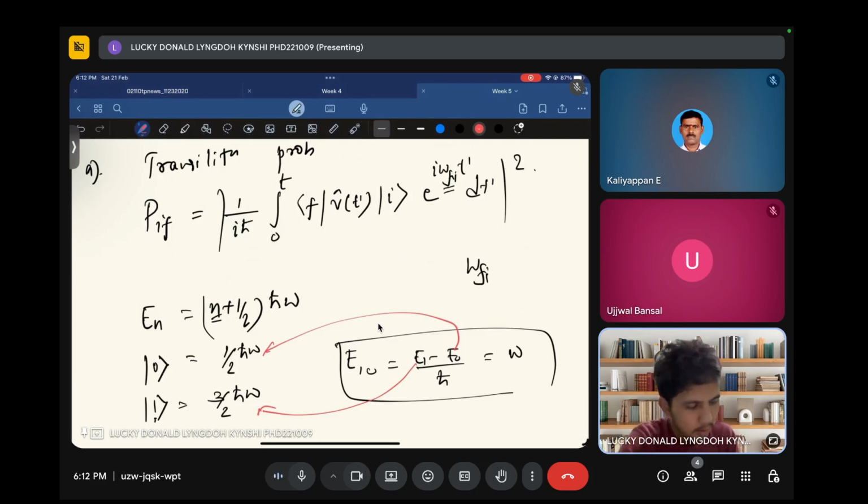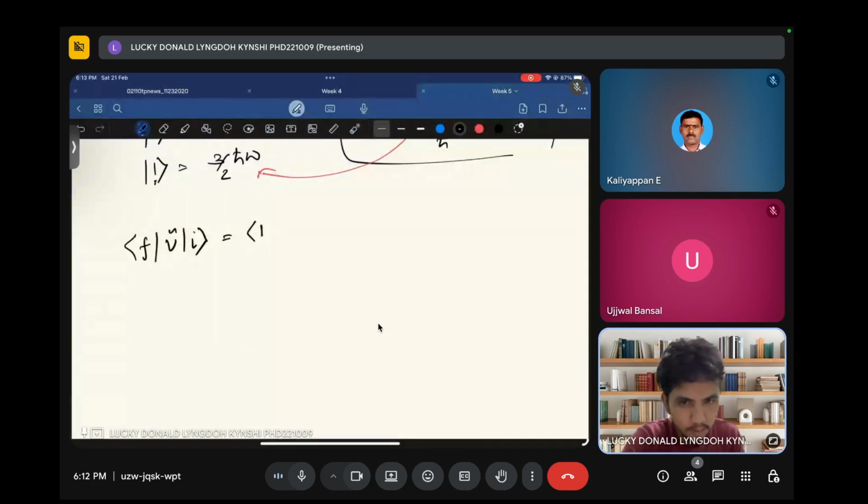This term is ⟨f|V̂|i⟩, where the final state is 1, the first excited state, so you get ⟨1|V̂, and the initial state is the ground state, 0, and V(t) is in fact minus V0 x̂ e to the power minus t by τ. This is already there with you. Now how do we solve it?